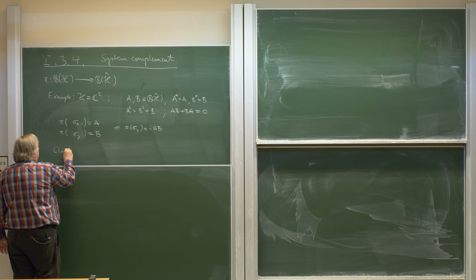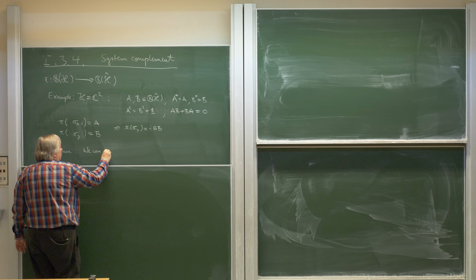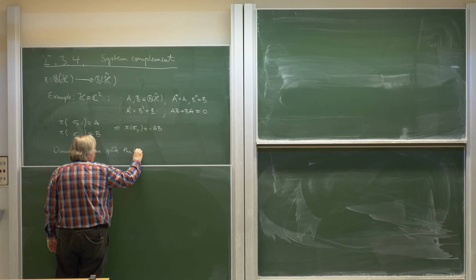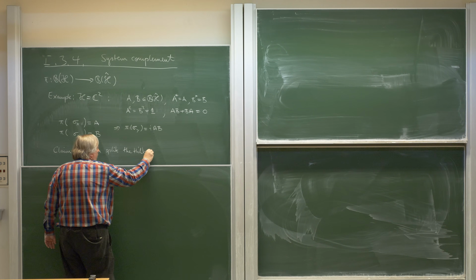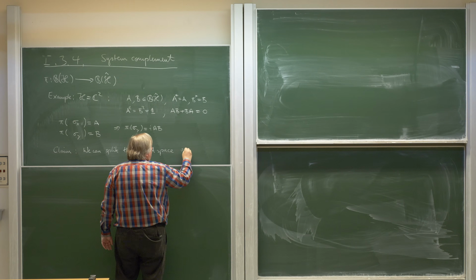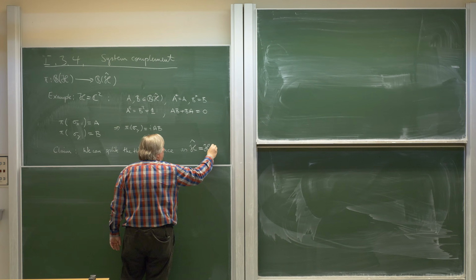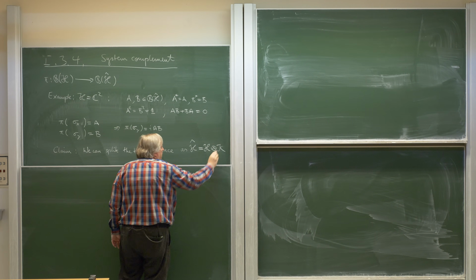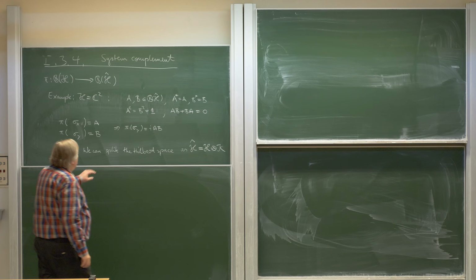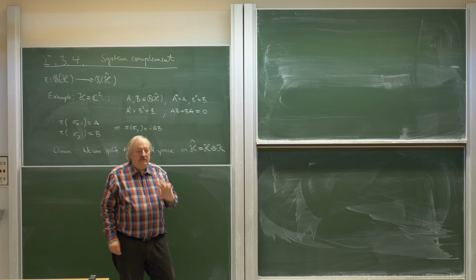Claim: you can split the Hilbert space. H hat is C2 tensor some rest. And the operators of the representation basically act here. So let me state this formula.